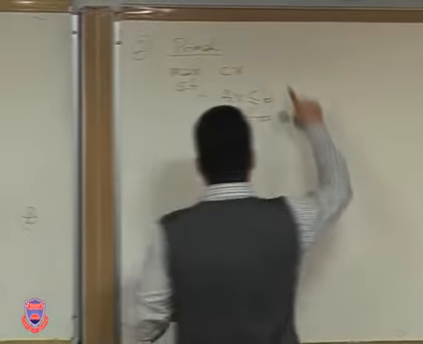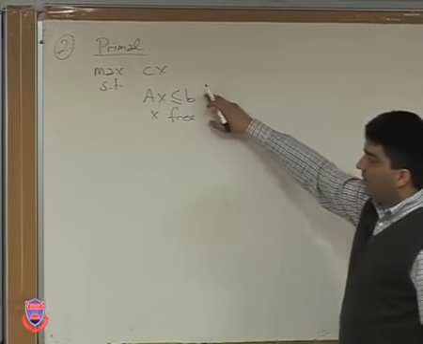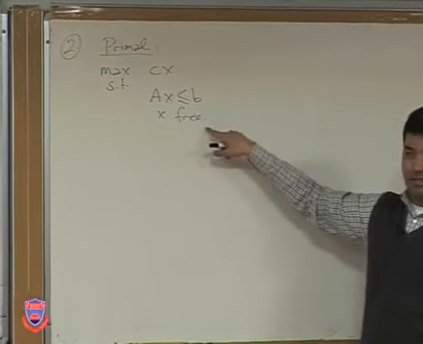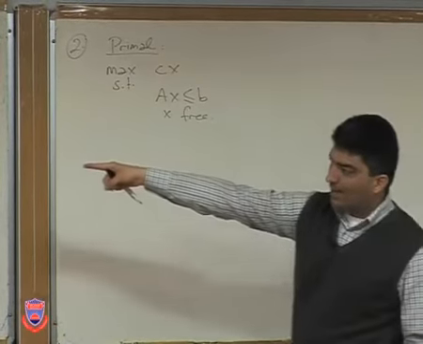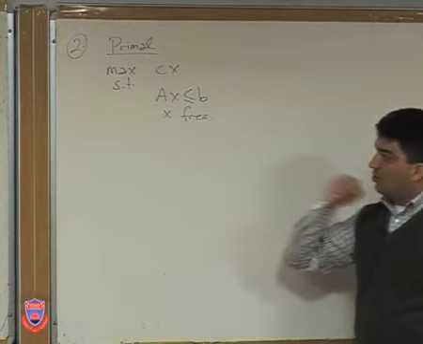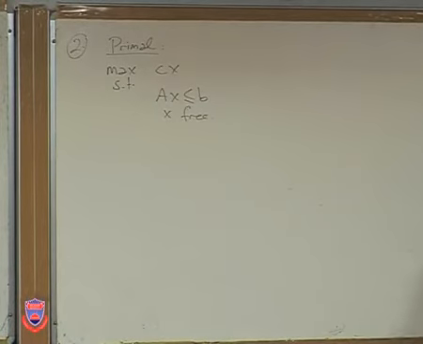Well, the objective function is okay, the constraints are okay, the only problem is that my variables are free, right? So I need non-negative variables. How can I turn free variables into non-negative variables? Exactly.